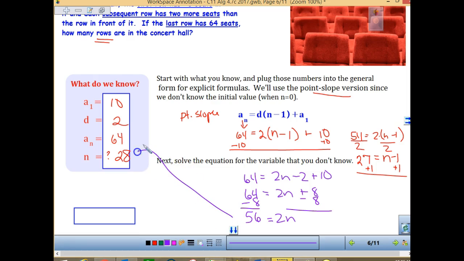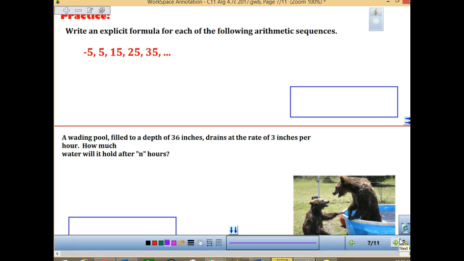Still get 28. So does it matter? No. So just make sure you're checking. So solving the equation for the variable that you didn't know, there's 2 ways of solving that. So just making sure you're going back and applying your rules of solving equations that we did back in Unit 1.